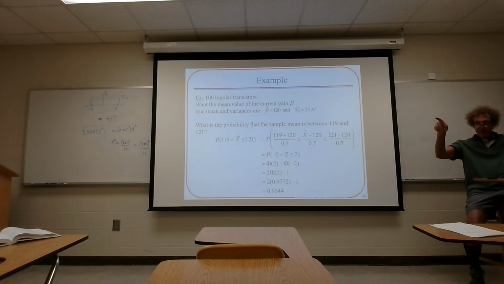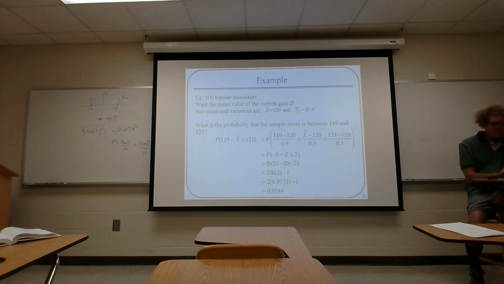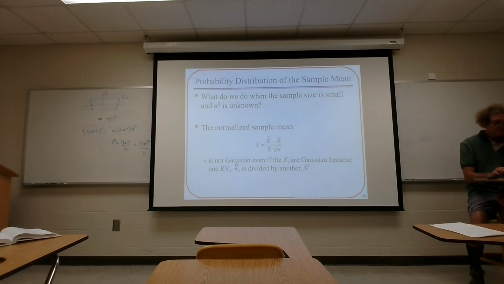So think of a Gaussian curve, if you will, and now you're going from minus 2 normalized to plus 2. And that's really going to be equal to what they're showing here. This is that function that has the normalization included in it, or 2 times the value of this one minus 1. And you get a value of 0.9544, about a 95% chance, based on the information above, that you'll be within that range.